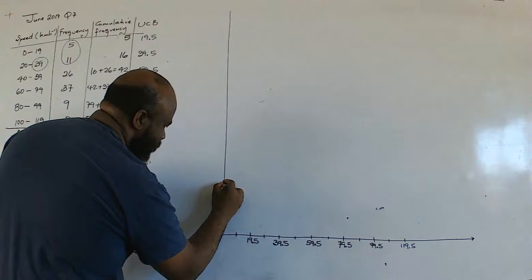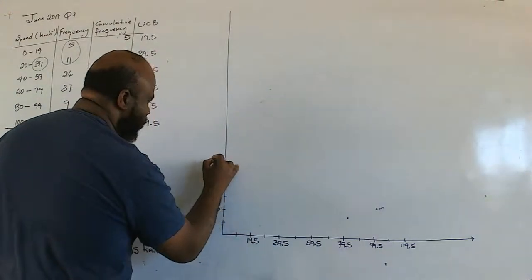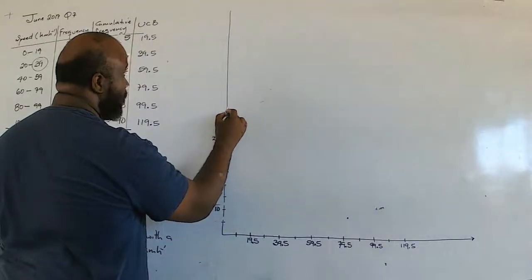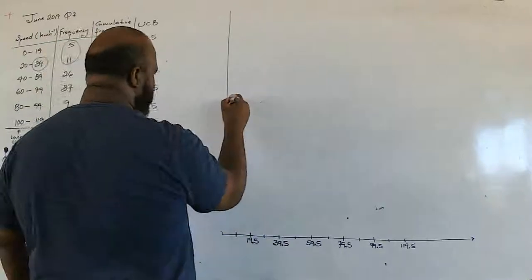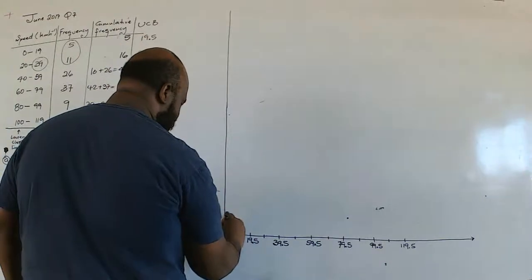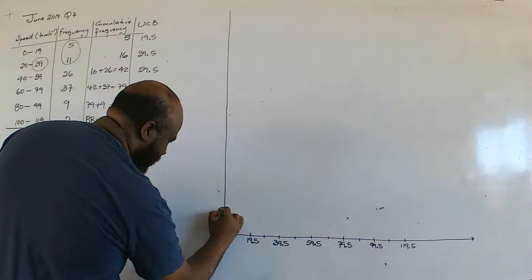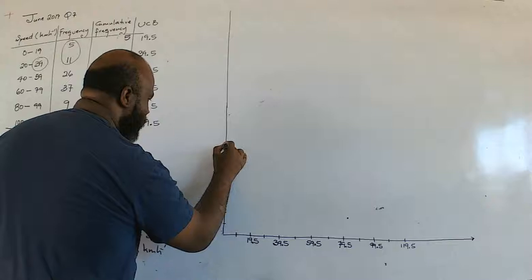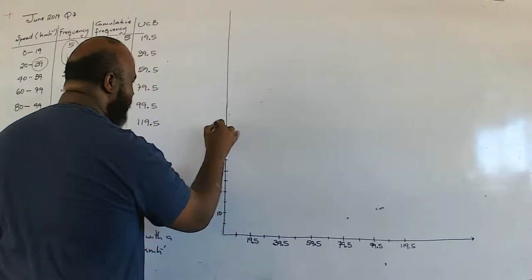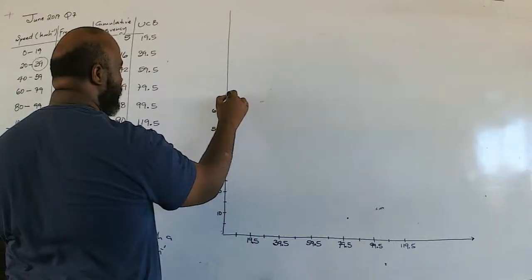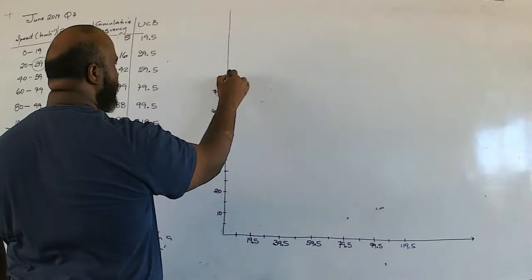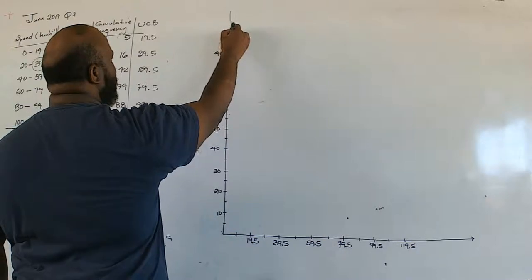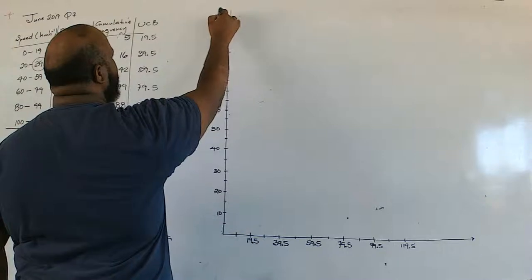So 10, 20, 30, 40, 50, 60, 70, 80, 90, 100, 110.